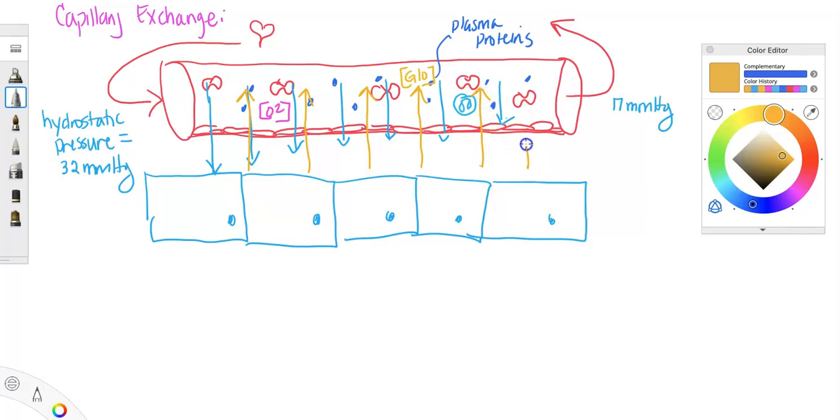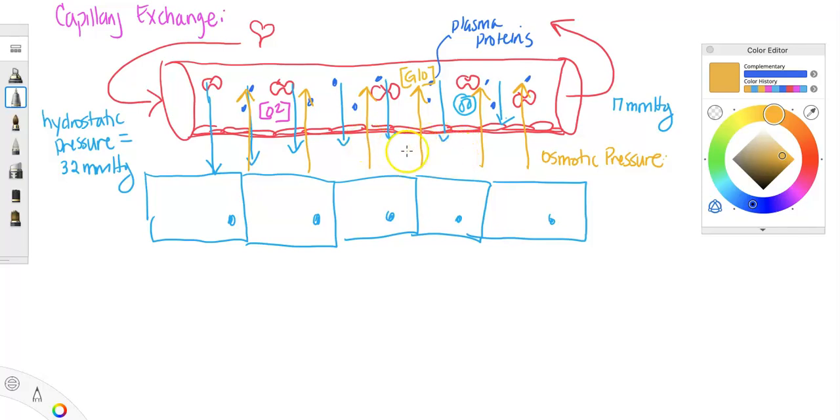So osmotic pressure is maybe 30 millimeters of mercury, or maybe it's a little less than that, I'm not sure. Anyway, it doesn't really matter.